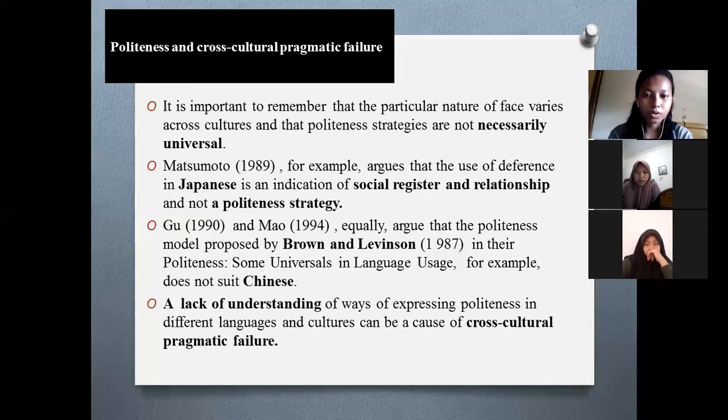Gu and Mao equally argue that the politeness model proposed by Brown and Levinson, which claims universal language usage, does not suit Chinese. A lack of understanding of ways of expressing politeness in different languages and cultures can be a cause of cross-cultural pragmatic failures.